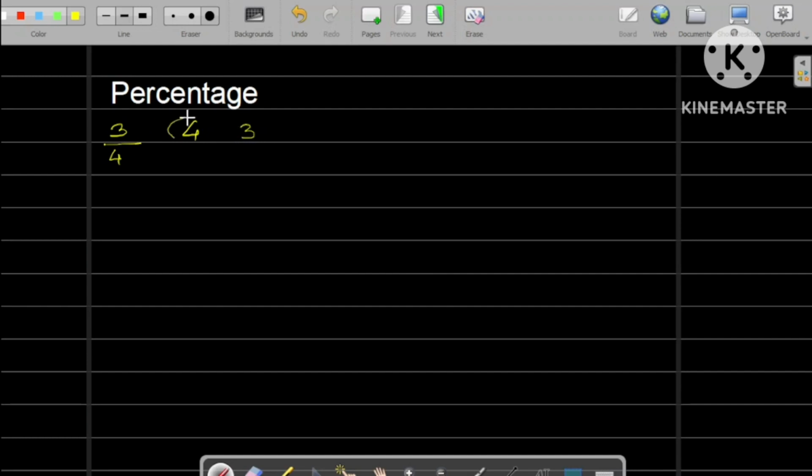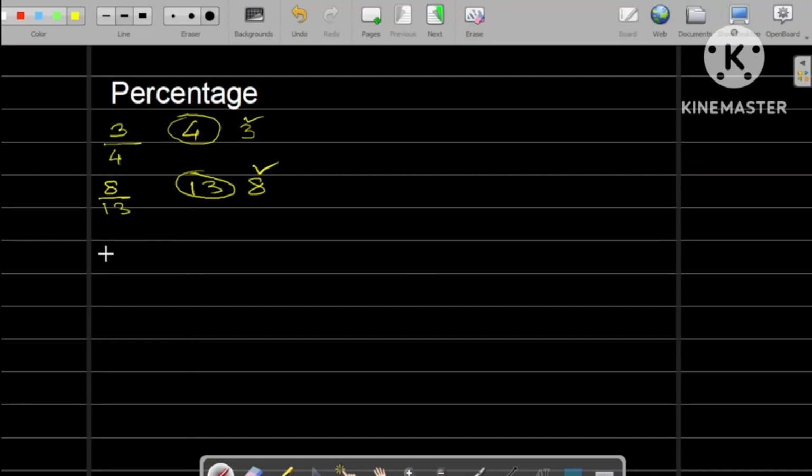This is the total number of equal parts that we have got, and out of that we have taken 3. If we consider this fraction, say 8 by 13, the total number of equal parts is 13, and out of that we have taken 8 equal parts, and that denotes this fraction 8 by 13.